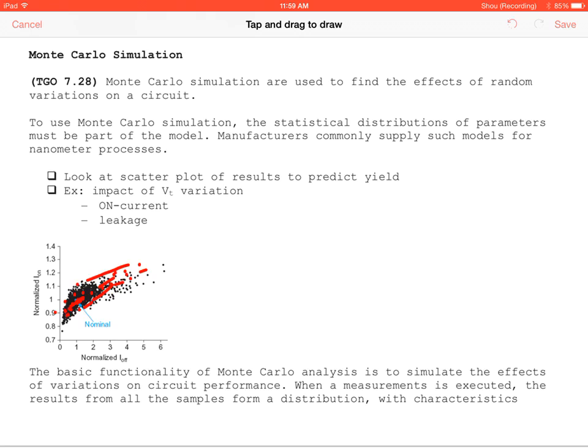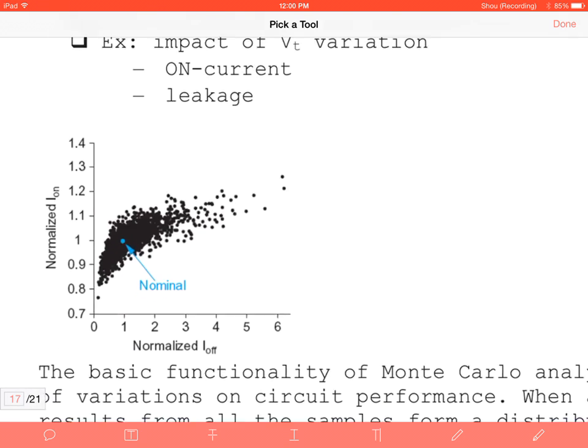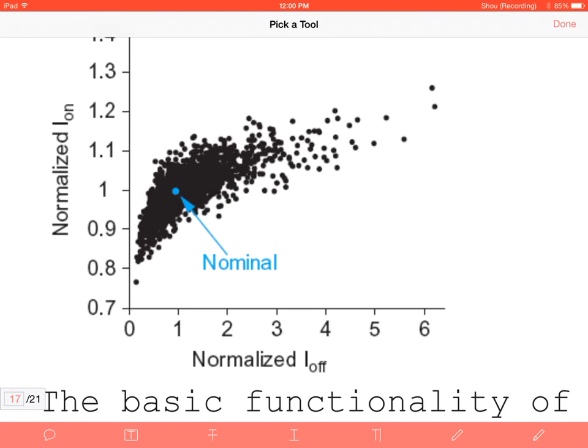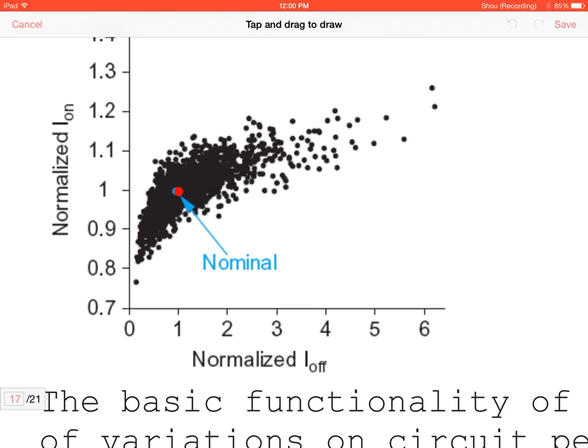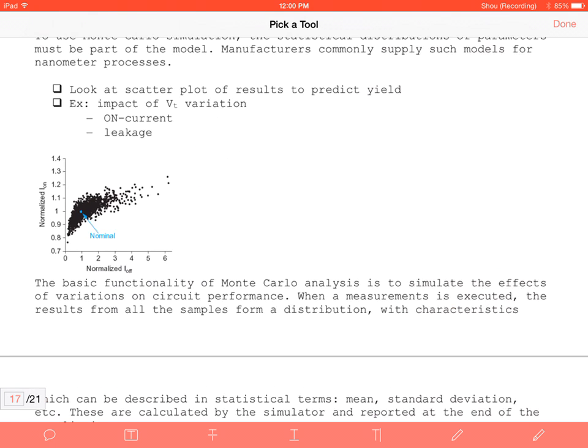So here, I'm going to zoom in so you guys can read this. But basically, you have some sort of expected normal value, right? And we've done the Monte Carlo all over the place, based on our normal, uniform, and Gaussian distributions.